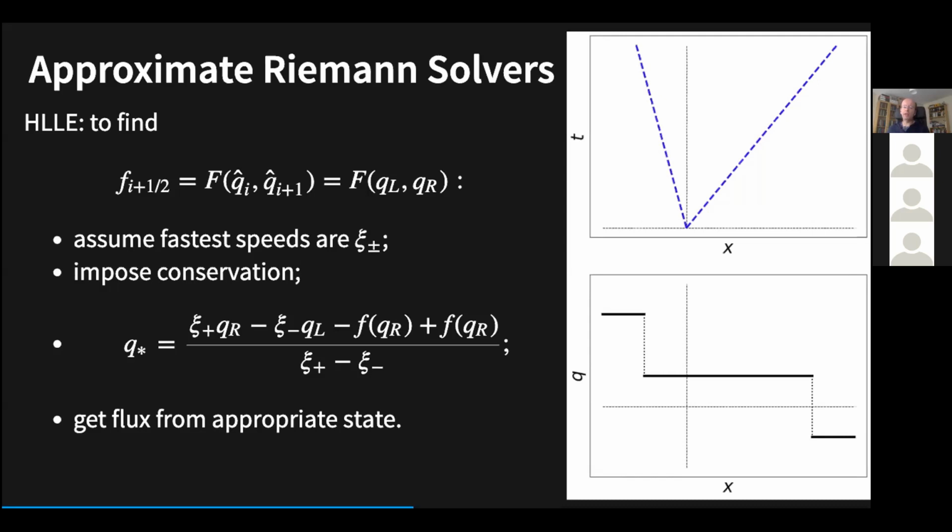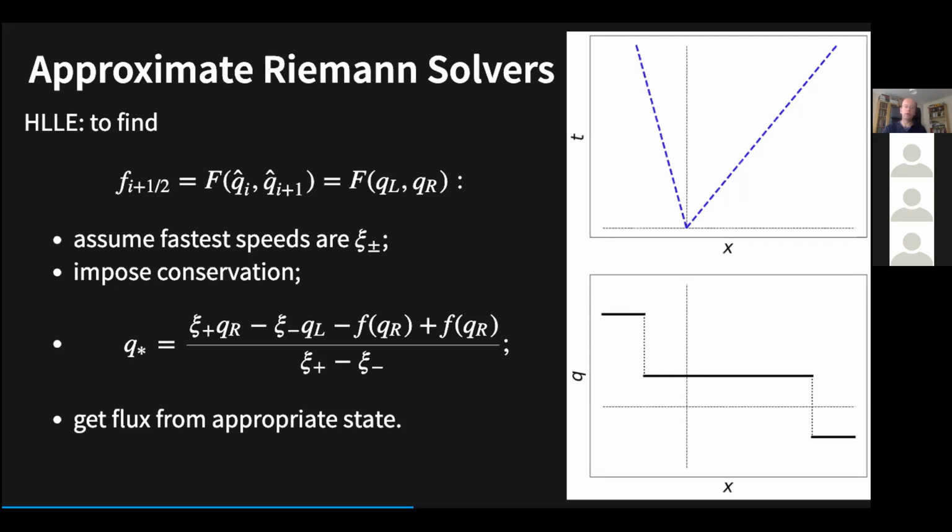Now, the way that HLLE works is it's based on characteristic information again, but in this case, we're not computing the characteristic information, we're imposing the structure of the characteristic information. The assumption that we make is that there are two characteristic speeds and only two.